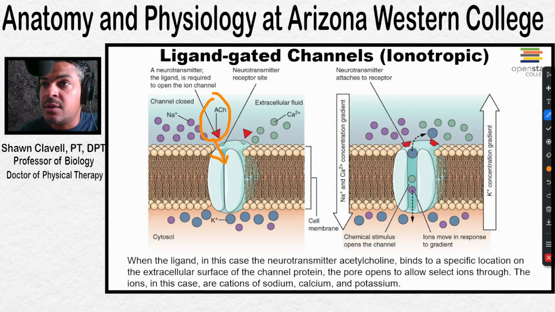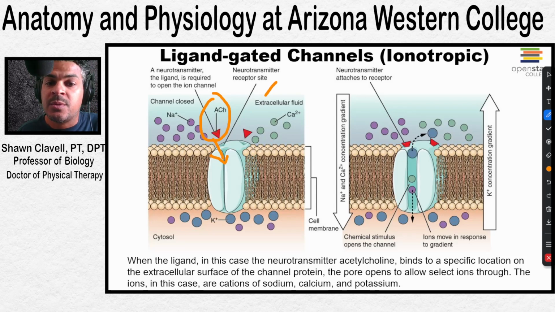In the case of skeletal muscle and even nerves, the communication is received by ligand-gated channels. A neurotransmitter, usually acetylcholine in the case of a muscle contraction, binds to a receptor on the muscle.